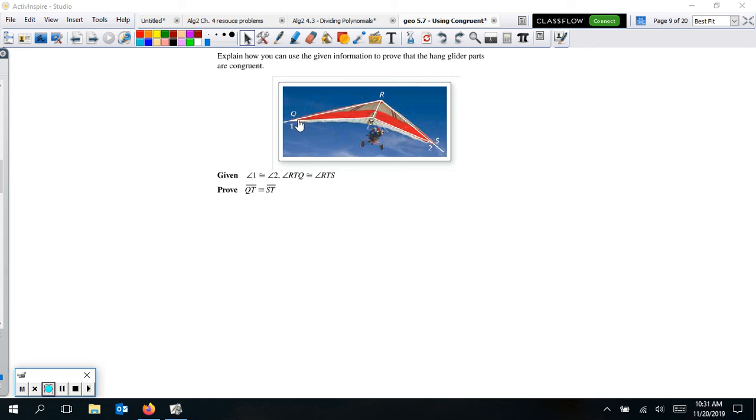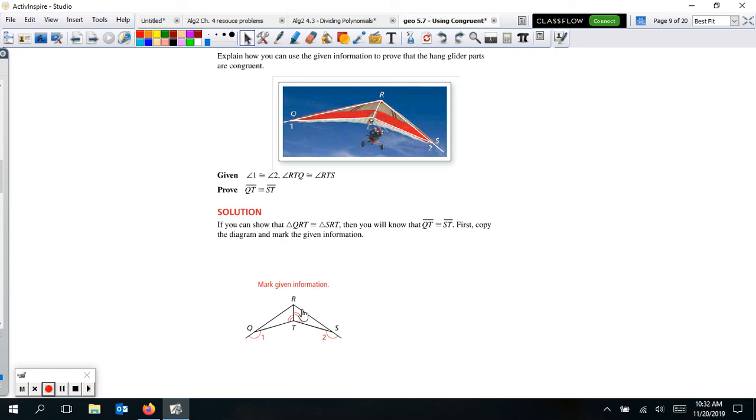So the first thing we want to do is draw this diagram with the triangles like this, and mark the given information. We're given that angles 1 and 2 are congruent on the outside, and these two on the inside are congruent. Once we've done that, we can mark some deduced information.